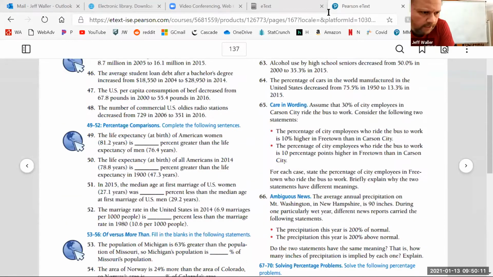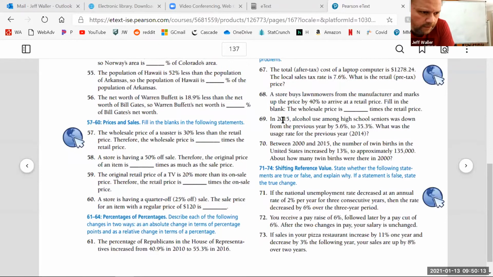So this is section 3A, number 69. In 2015, alcohol use among high school seniors was down from the previous year by 5.6% to 35.3%. What was the usage rate for the previous year? Now just read that through and think about it for a minute.